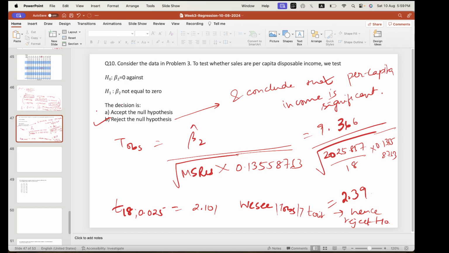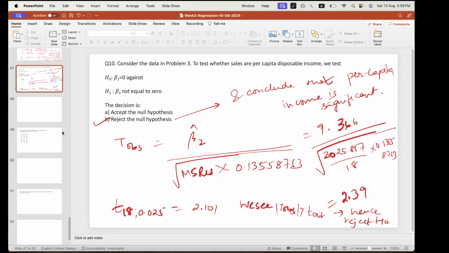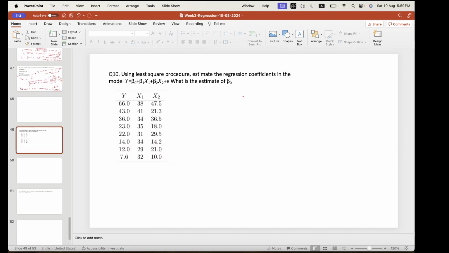Now if during the exams, instead of providing the values, you are asked to find estimates, all you need to do is find the matrix notation for this. So y would be this thing, 66.0, 43.0, 7.6.